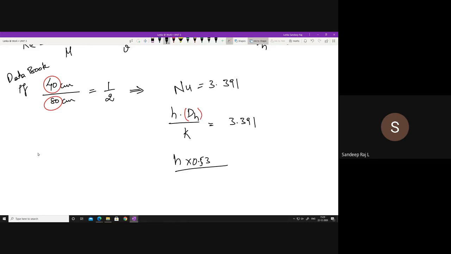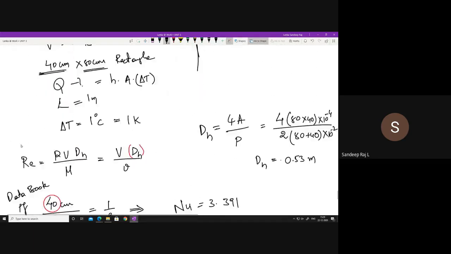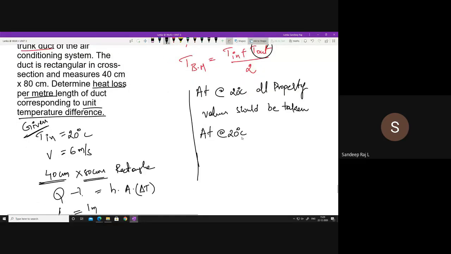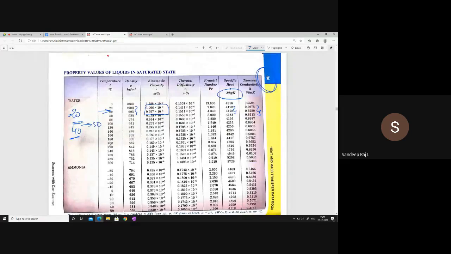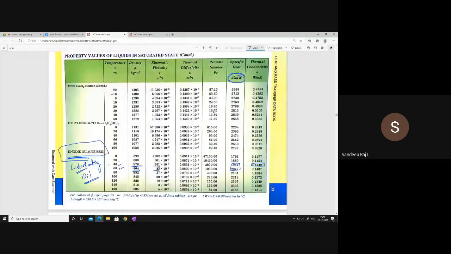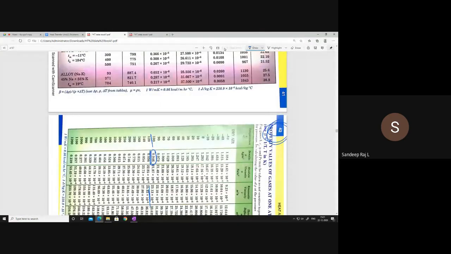The K of air should be known to you. K of air, anyways, mu also required for air at 20 degrees centigrade. Air is on page number 42. Move to page number 42. Here it is.